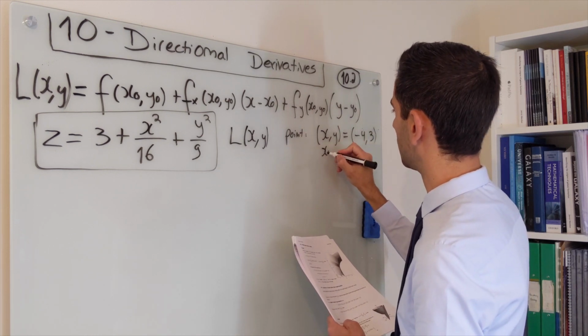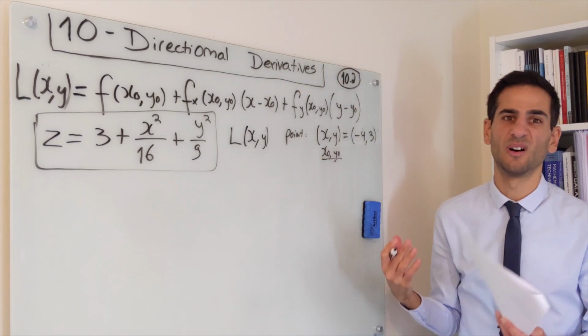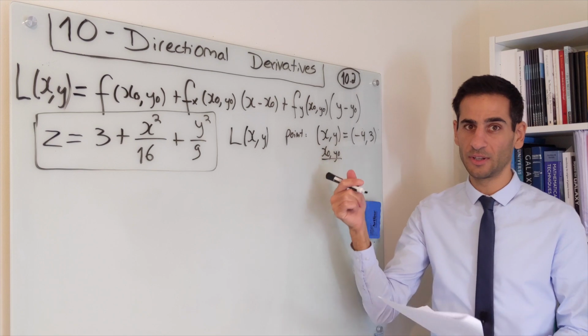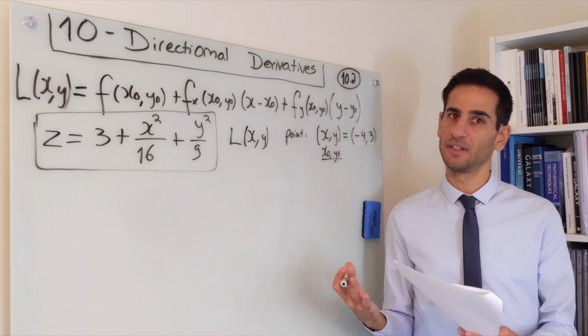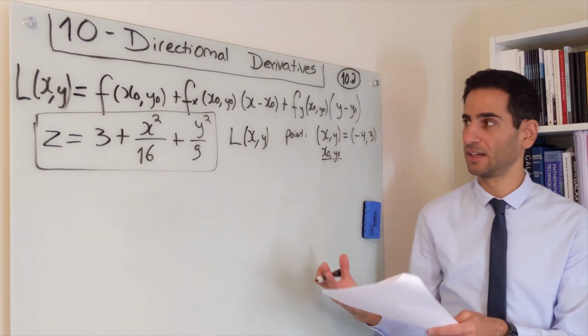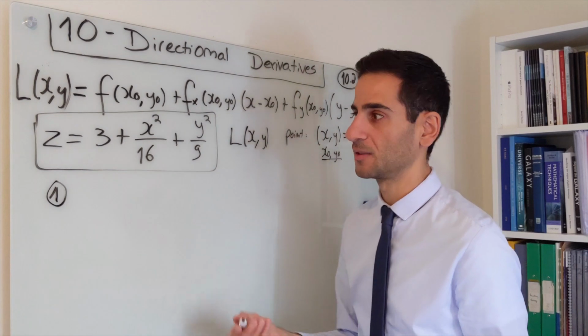These are our x0, y0. And we want an approximation that will be obviously valid at the point, but also in the vicinity. Because getting a linear approximation is the same as getting the tangent plane, what we need to do is follow the same procedure as before.